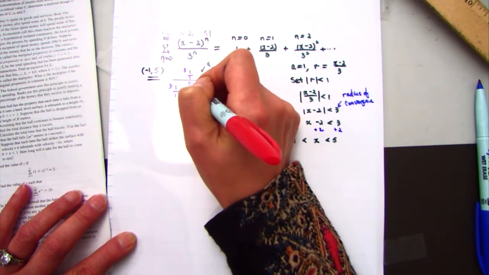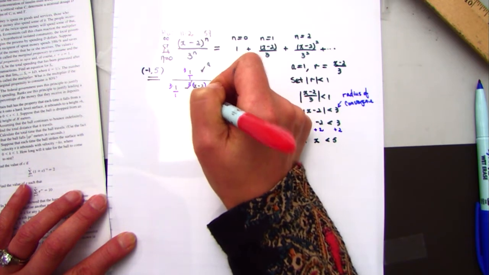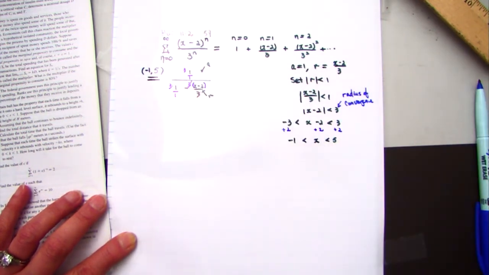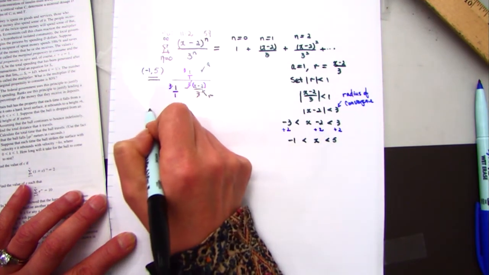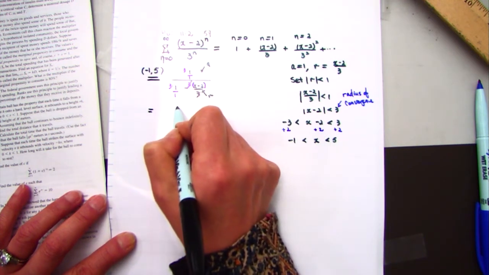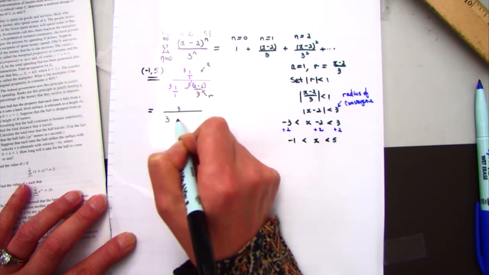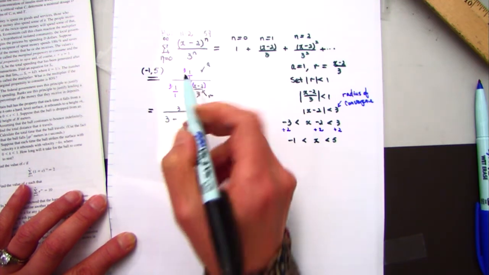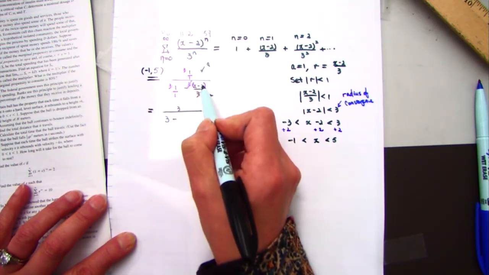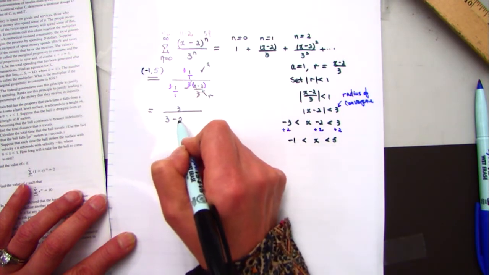Reduce. Write it out. You want to make sure you distribute the negative into the parentheses, please.